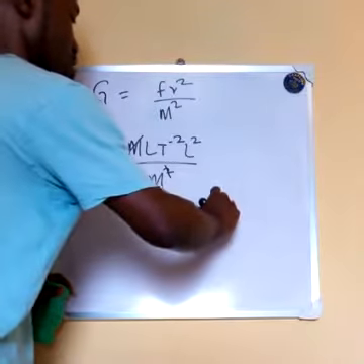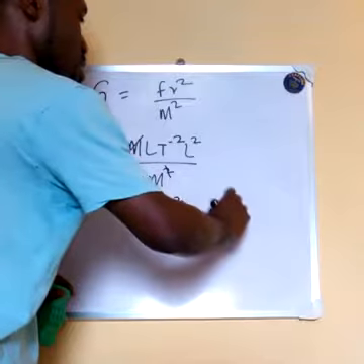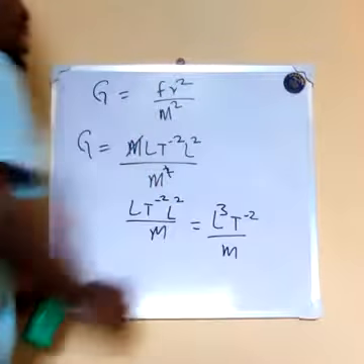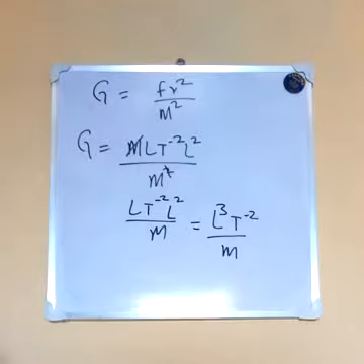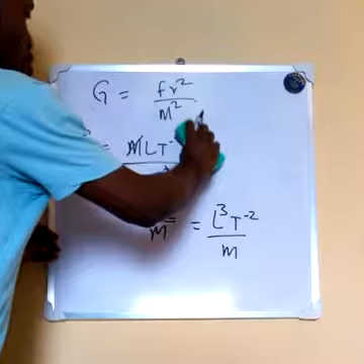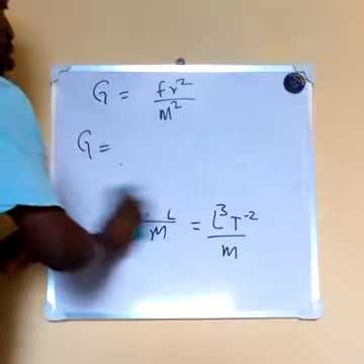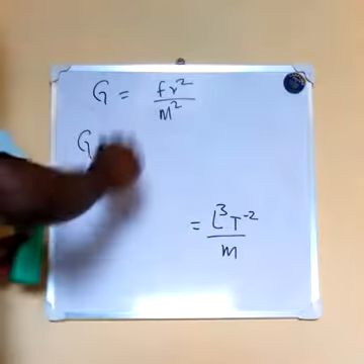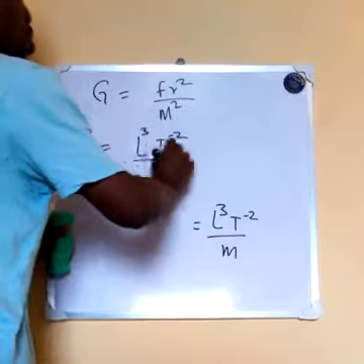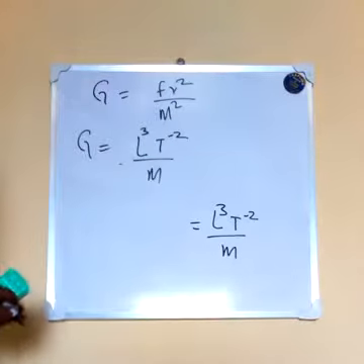So will now give us L³T⁻² over mass. That is what you have eventually. Then from here now, the dimension is now L³T⁻² over M. That is what you have.